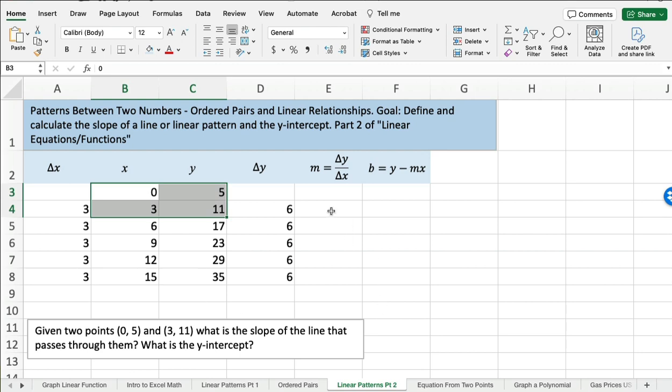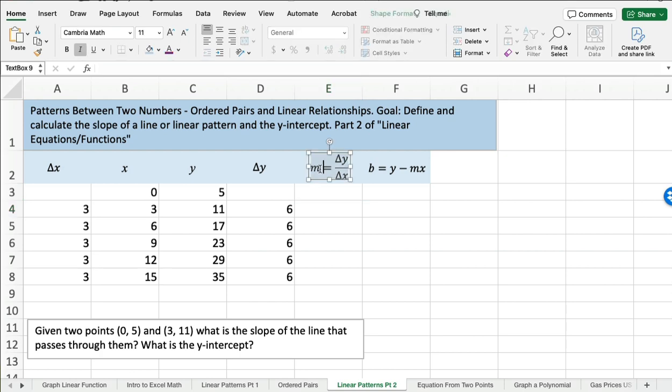We're going to do some calculations based on some primary features. The primary features of a line are its slope and its y-intercept. The slope is designated with the letter m that you see up here, and we will write it as delta y divided by delta x.